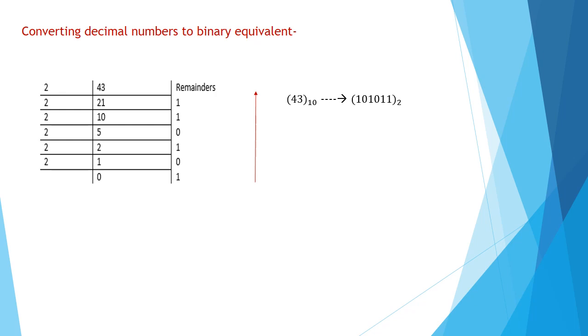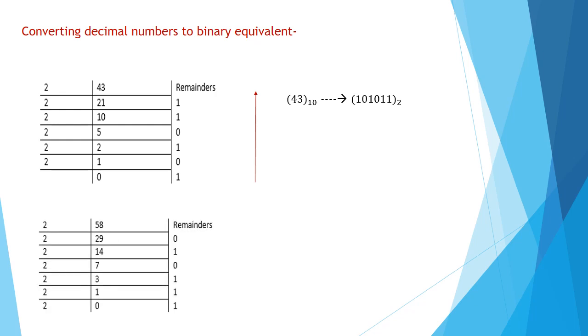Let's see one more example. Suppose we are having 58. Then 58 divided by 2 will give you 29 and remainder 0. Then 29 divided by 2 will give you 14 and remainder 1. 14 divided by 2 will give you 7 and remainder 0. Similarly we proceed, and in the end we will get 2 into 0 equals 0 and remainder 1. So you will get the list of remainders.